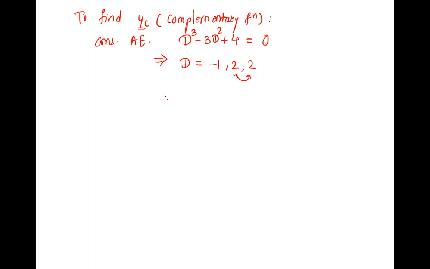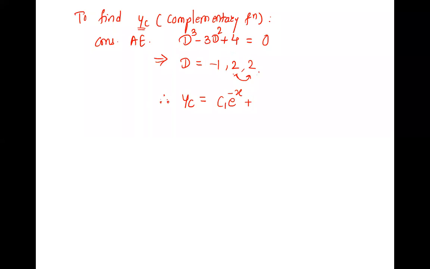Good. So now what we can write from these roots? This whole job is for yc. Now we'll call it yc, not y. Can you just tell me now? yc is C1 e raised to -1 into x. Very good.